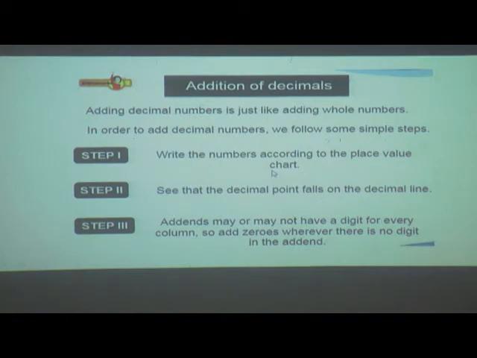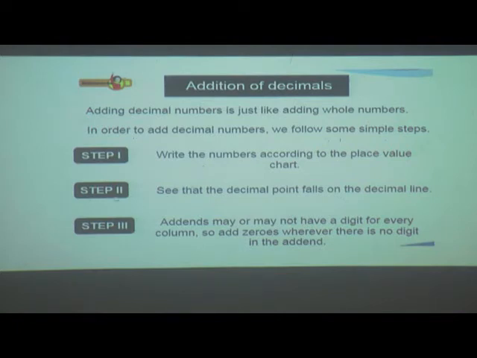We saw at the start of the chapter what a place value chart is. After the decimal, it should be tenths, hundredths, thousandths, whatever it is. Just recall the place value chart, imagine it, and then write the given number.